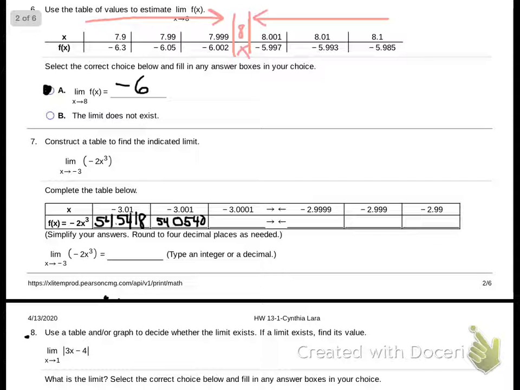This one is 54.0054. 53.9946. 53.9460. And 53.4618.